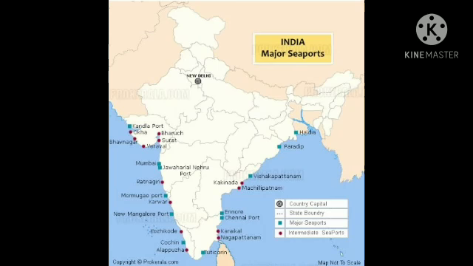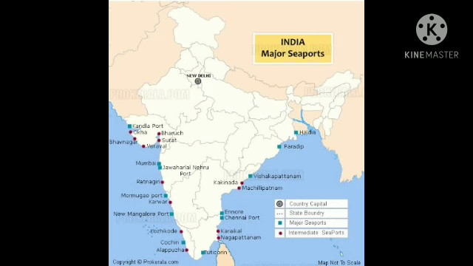Then another port is located in Odisha, Paradip. It is also an iron ore export port. So I have told you Goa, New Mangalore, then Visakhapatnam and Paradip. Four major ports are handling the iron ore export in our country.